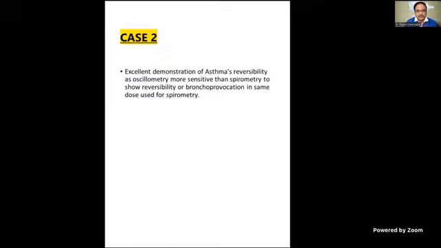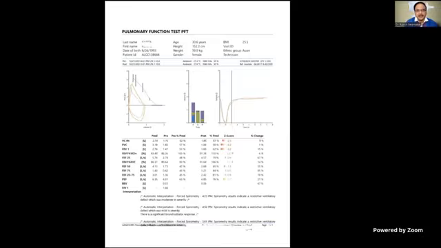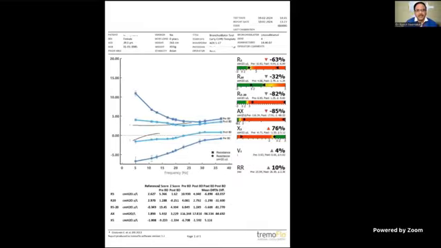This is a case of asthma, and we do the reversibility test after bronchodilation. See the reversibility when we do spirometry, and then when we do the oscillometry, see there is a robust change of betterment in AX and all those parameters, R5 minus R20, showing that this is a case of asthma, and reversibility is quite robust.